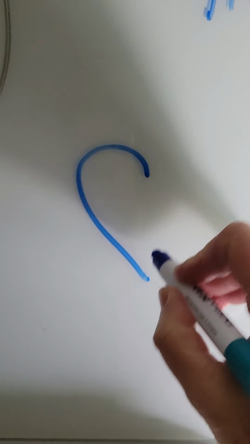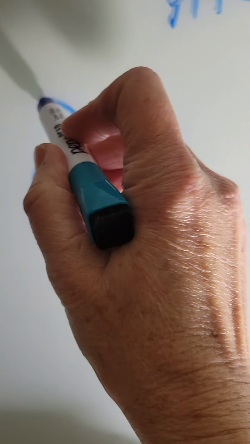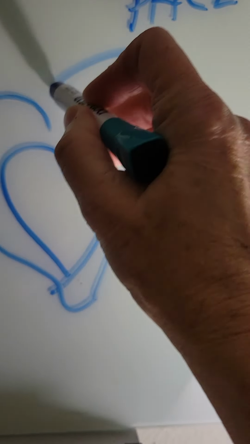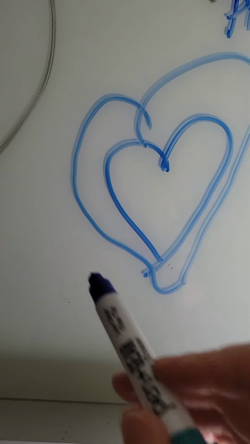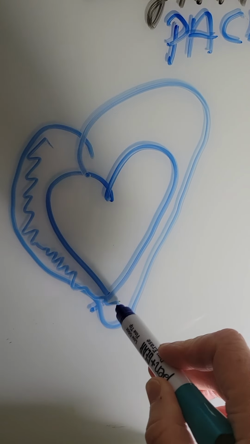If I were to draw a heart, I'm going to grab my blue and I'm going to switch it around. So the heart sits, kind of has a sac around it, right? I am not an artist. And inside is called the pericardium.